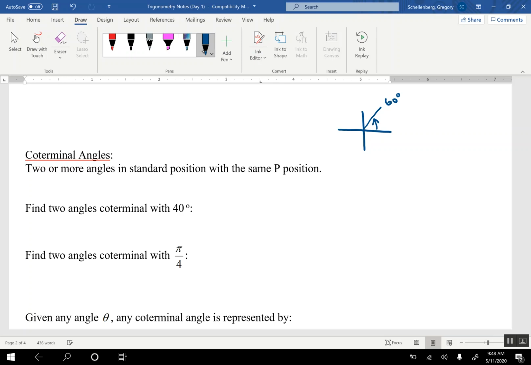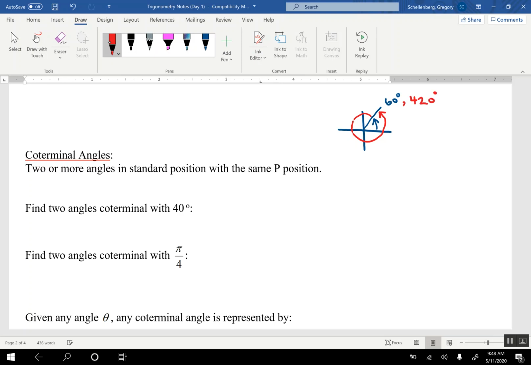Okay, now here's the idea of a coterminal angle. If we were to continue rotating an additional 360 degrees, that would take us right back to the exact same angle in standard position. Okay, what would its measure be? Well, we're adding 360 to 60, so it would be 420 degrees.